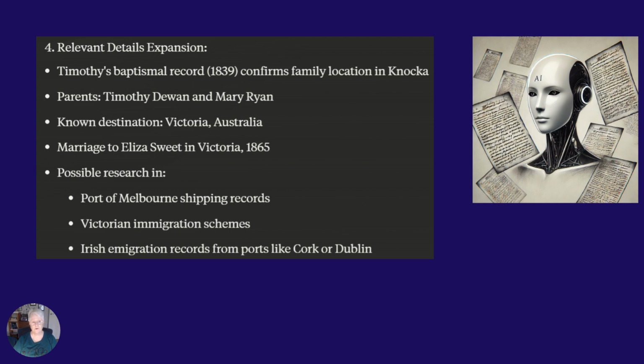Claude also noted the names of the parents and the known destination, the marriage, and then the possible research, where to look for these records, the Port of Melbourne shipping records, Victorian immigration schemes, and also Irish immigration records from ports like Cork or Dublin. So we're getting much better responses here, and it's helping me now dig deeper in the research for this family line.